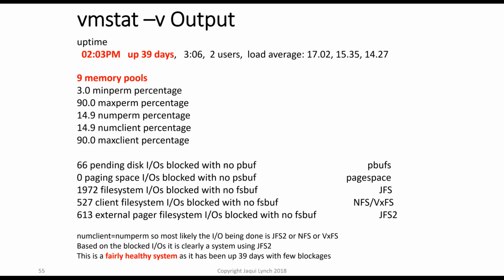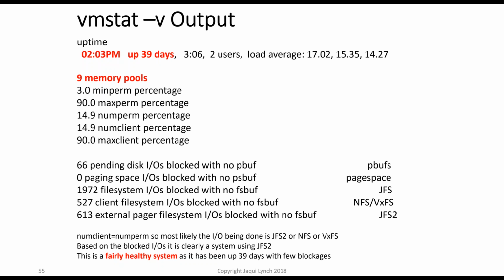I had 66 pbuf blocks. So basically, the way the virtual memory manager works is when I get an IO request, it gets put into a pbuf while I build the IO request. After that, I determine what kind of IO it is. Is it a page space one? Okay, I need a page space buffer for that. Is it a JFS one? Okay, I need a JFS buffer for that.